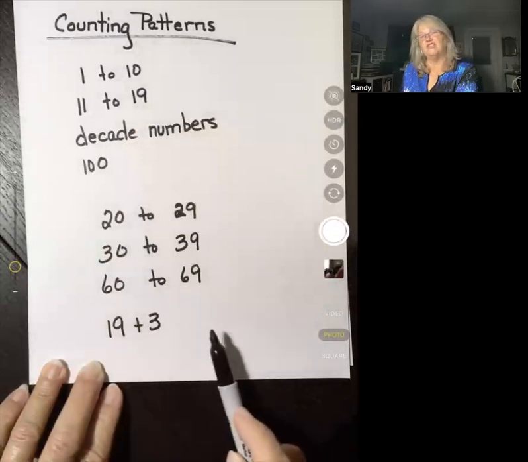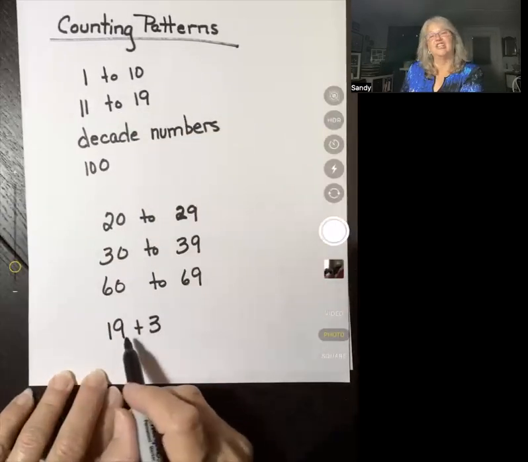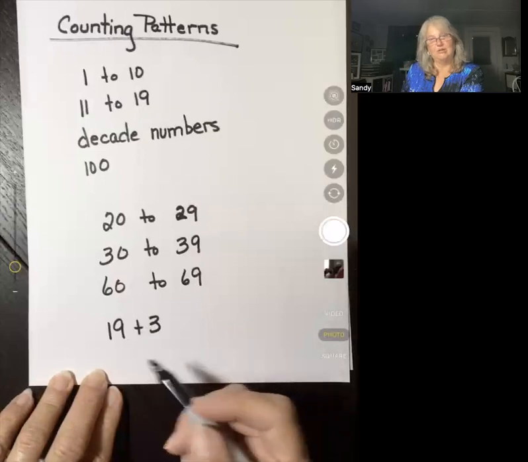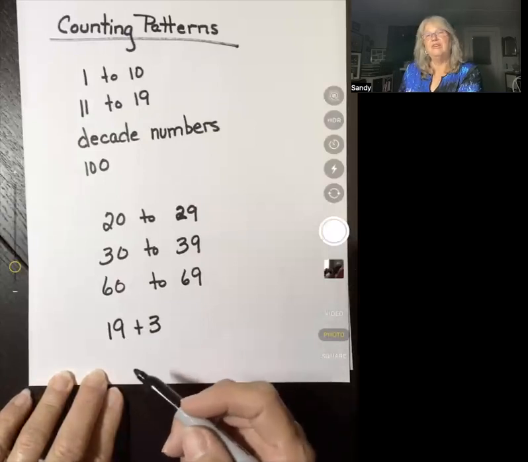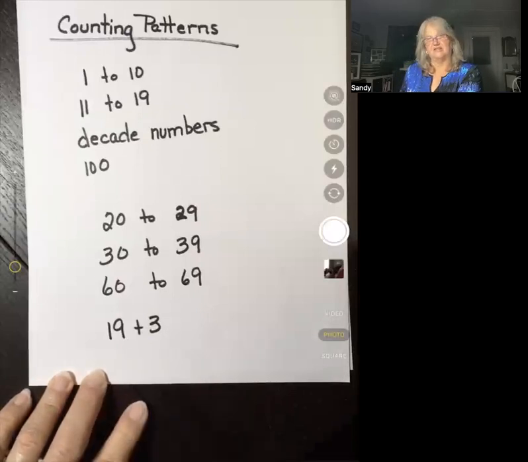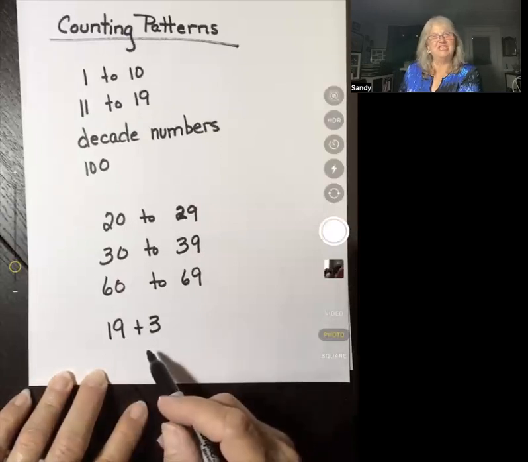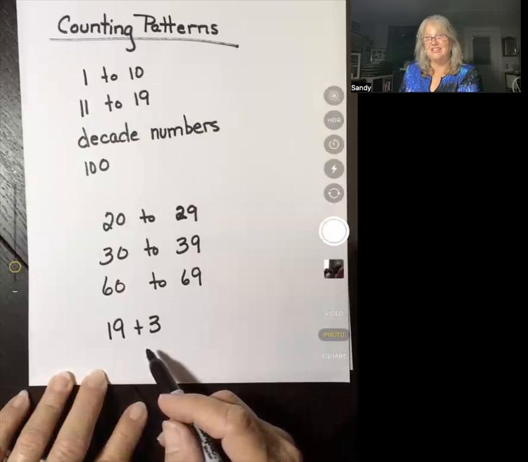To count on 3, we need to know what to do from 19 to go on, 19, 20, 21. So we don't always start at 1 when we're counting. We want them to be able to start anywhere and count on. And count on usually 1, 2, or 3 is what I would say for that strategy.